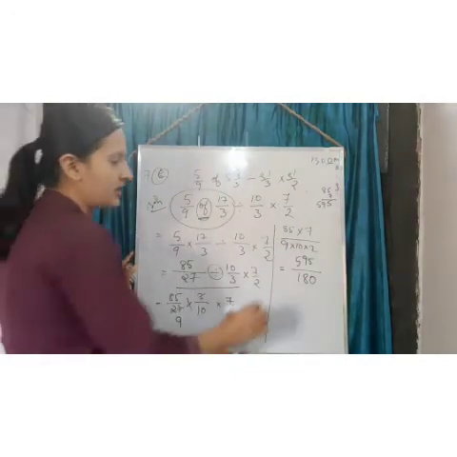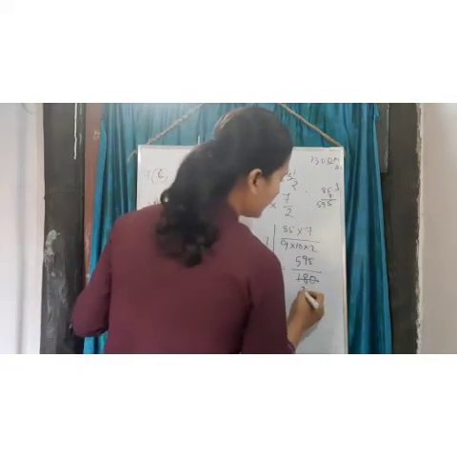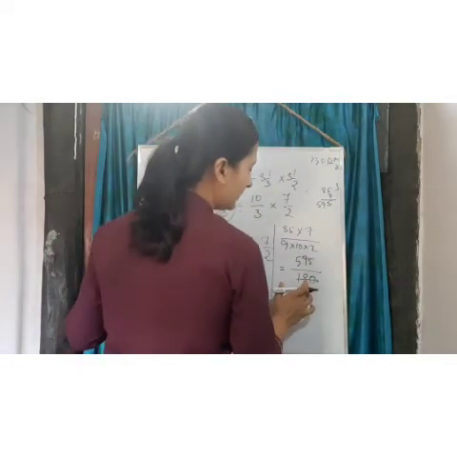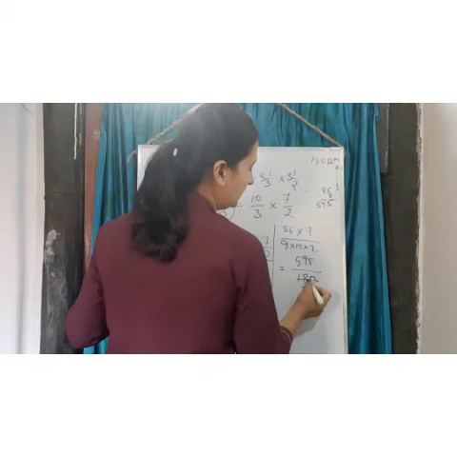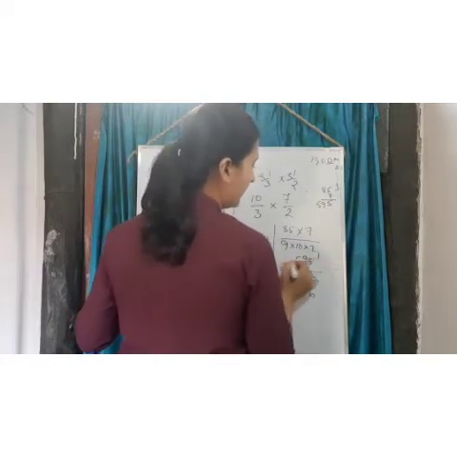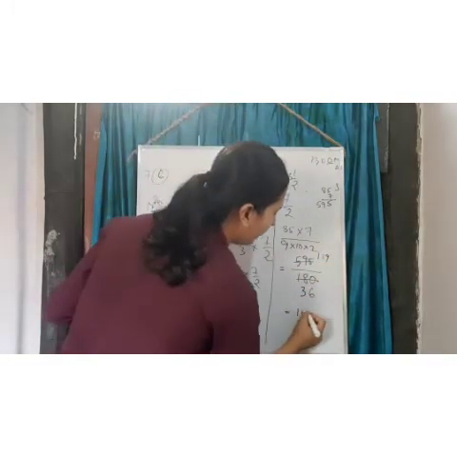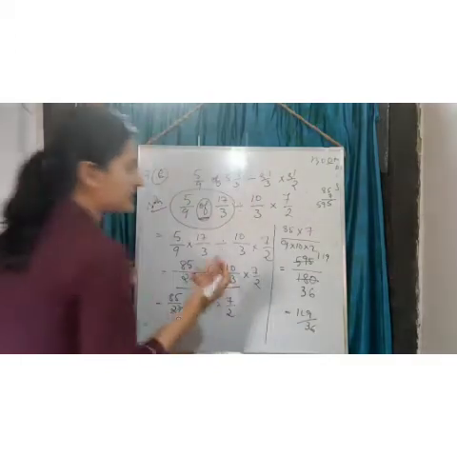So this is divisible by 5 now, right? 5 3s are 15, and 5 6s are 30. Now here 5 1s is 5, 5 1s is 5, 5 9s are 45. So 119/36. Let us divide this.